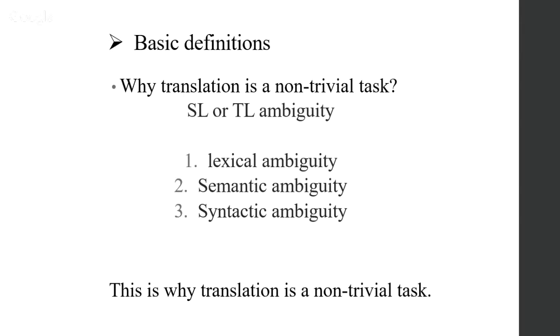This is because of what we call ambiguity of the language, which has three levels of ambiguity: lexical on the word level, semantic on the sentence level, and syntactic on the arrangement of the words itself. So this is why translation from the source to the target language is not a trivial task. It's a very significant task.